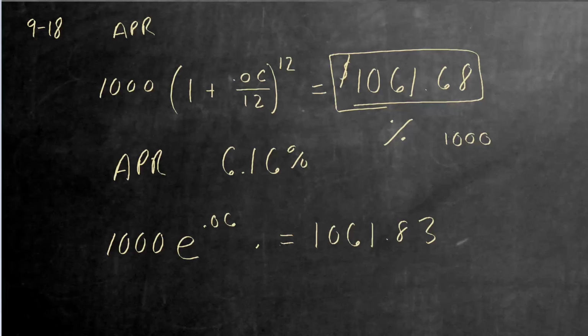But it asks for the APR, so our APR should be this divided by 1,000 again. So 6.183, let's call it. And then again, let's call it percent and not dollars. Good.